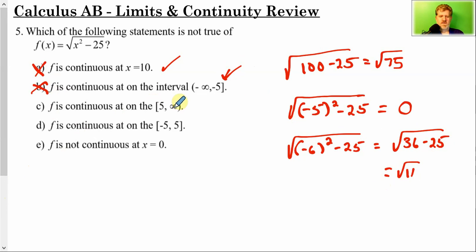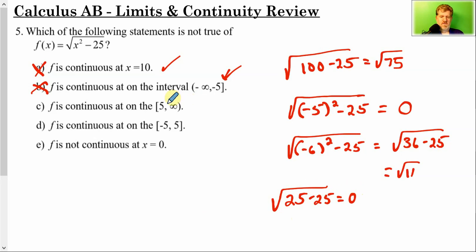Is this continuous on 5 to infinity? Well, I think we'll find the same thing if we plug it in here. If I plug in a 5, I'll get 25 minus 25.